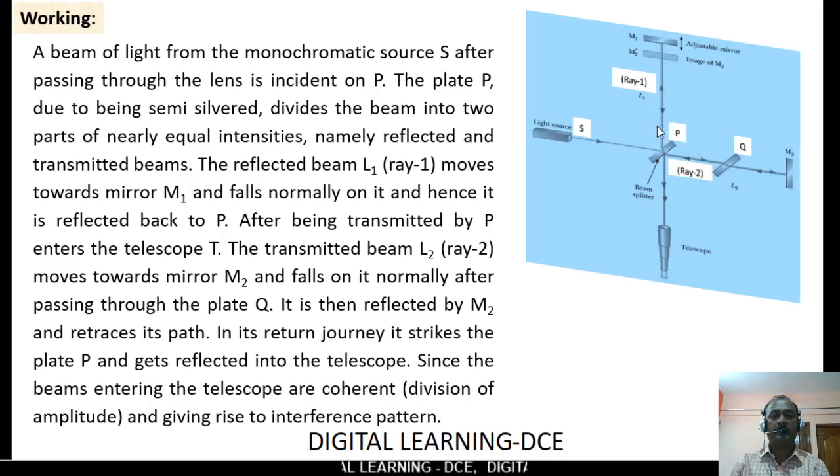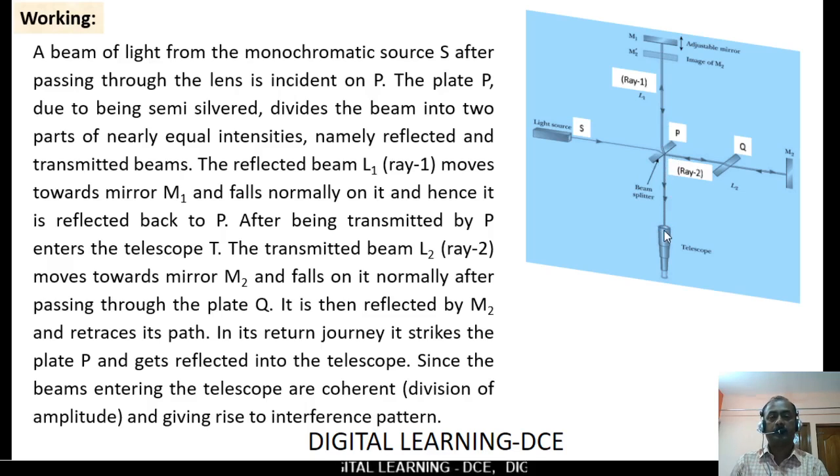The reflected beam L1, which is called ray 1 in the diagram, moves towards the mirror M1 and falls normally on it, and hence it is reflected back to the plate P. After being transmitted by the plate P, it enters the telescope.